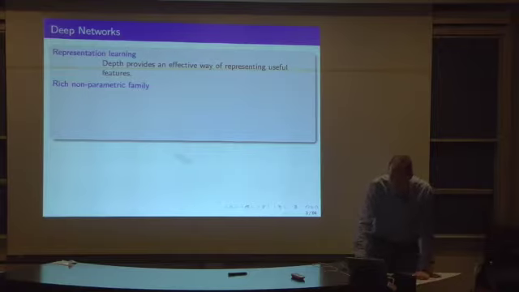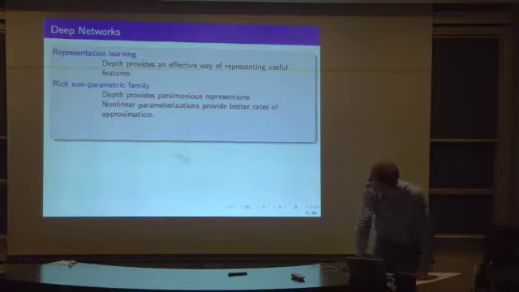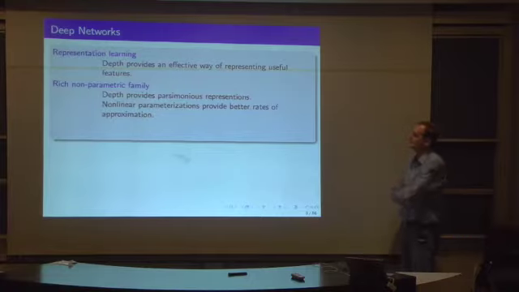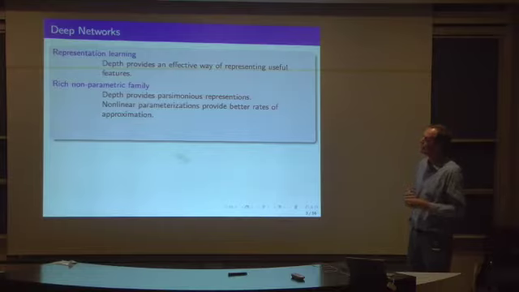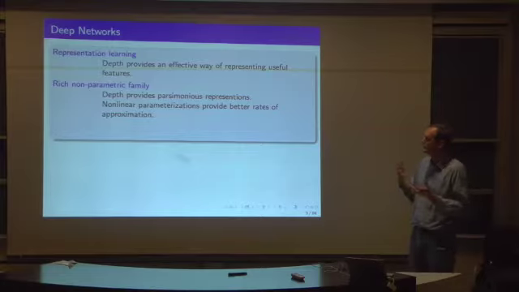And as a way of parameterizing functions like this, depth is somehow providing us with a parsimonious way of representing these functions. So the approximation theorists have known for decades that we can get much better rates of approximation with nonlinear parameterizations than with linear ones.